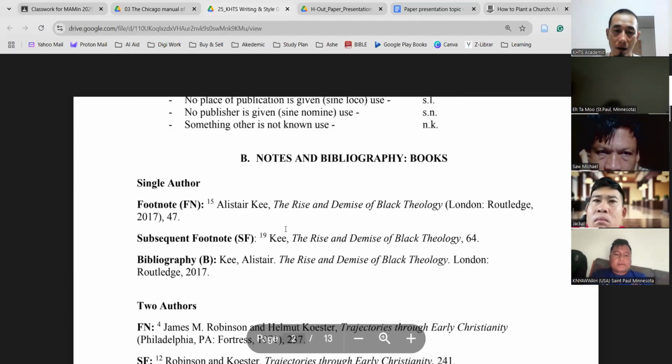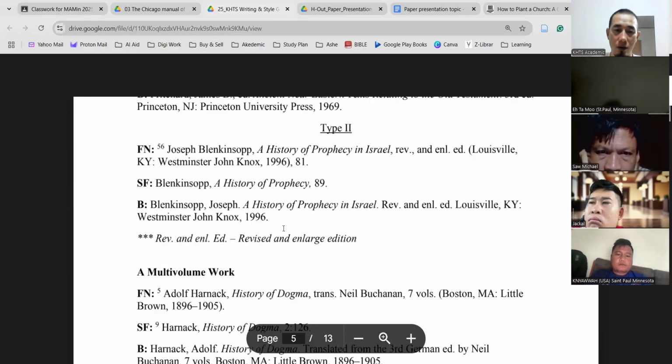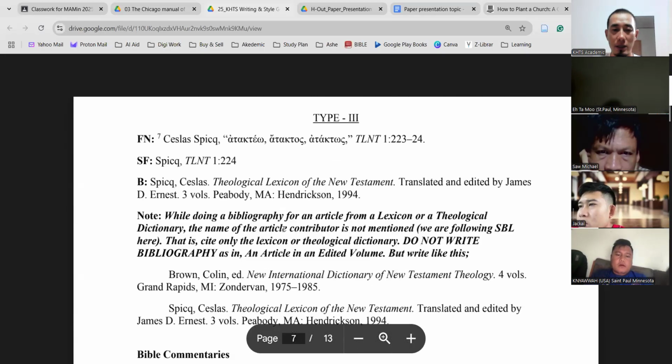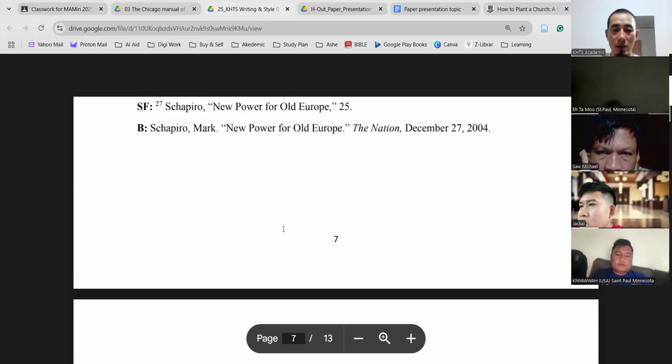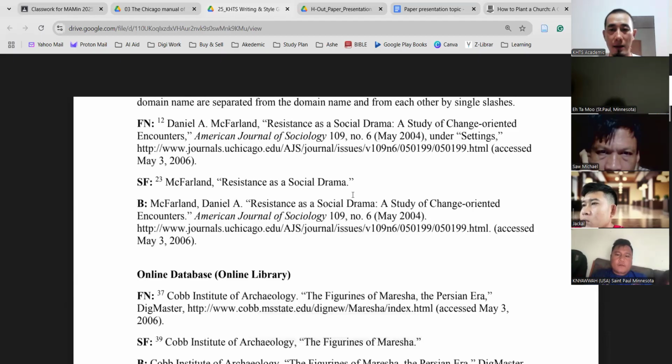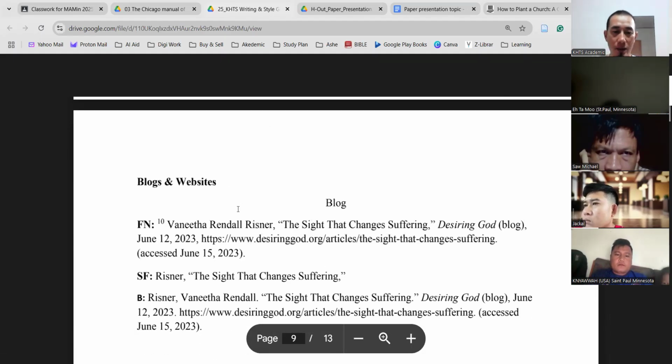Then let's go to the section called online citation. And what does it mean? Blog and website.